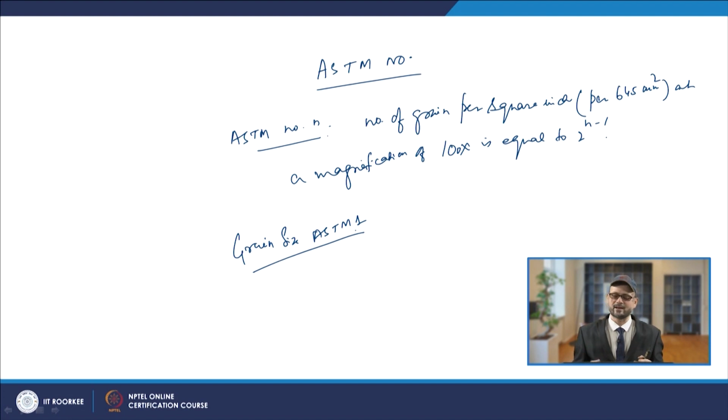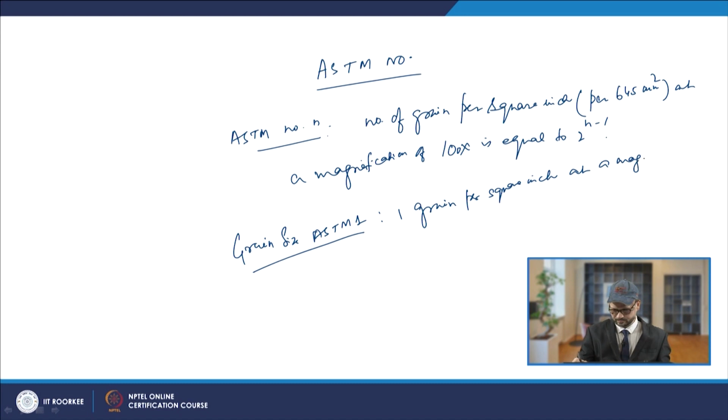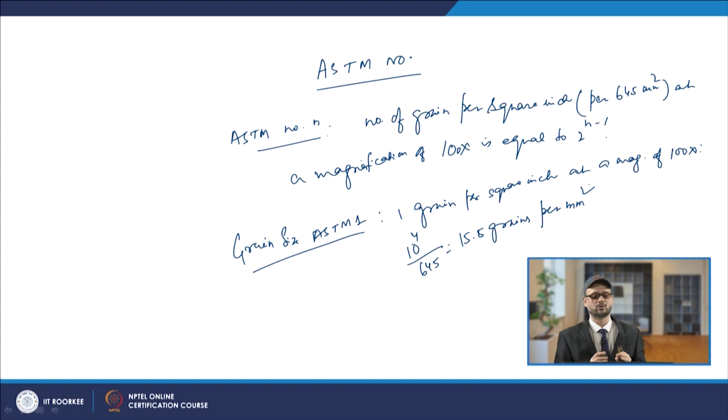So, it will be 1 grain per square inch at a magnification of 100x. So, you will have 100 into 100 in that area divided by 645. So, you will have 15.5 grains per mm square.